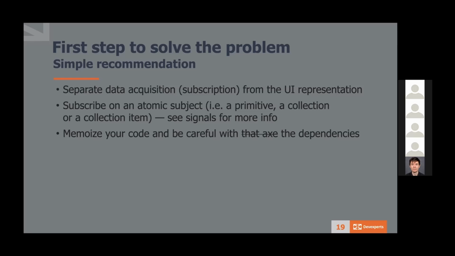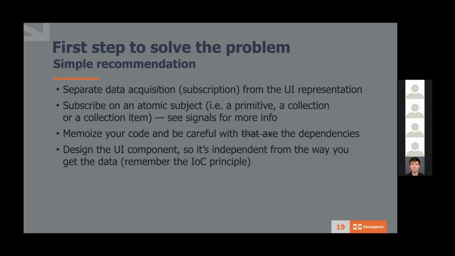Try not to rely on objects, rely on values. So ideally your dependencies should be like properties you get, or if there are items or what you're creating, rely on values. There are some exclusions, but most of the time try to rely on primitives.